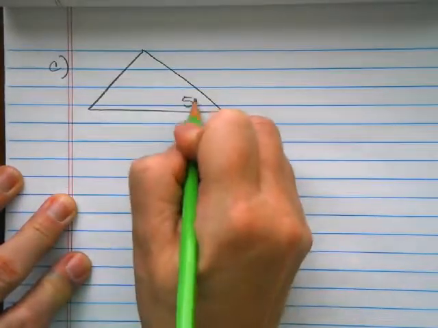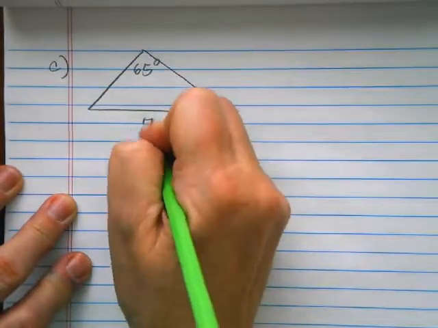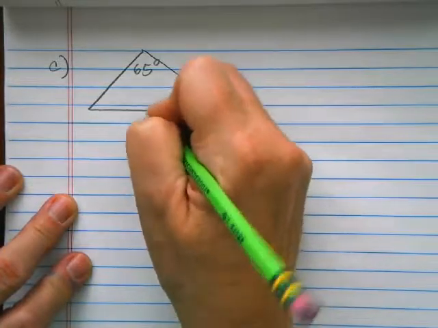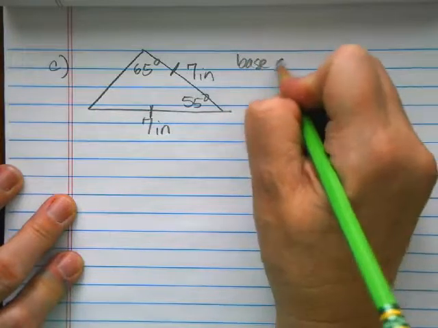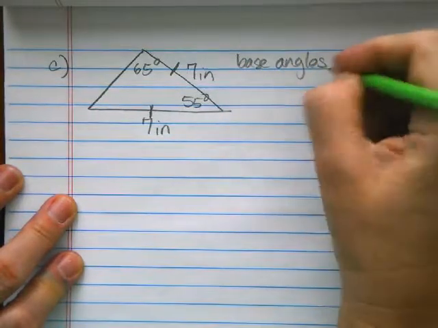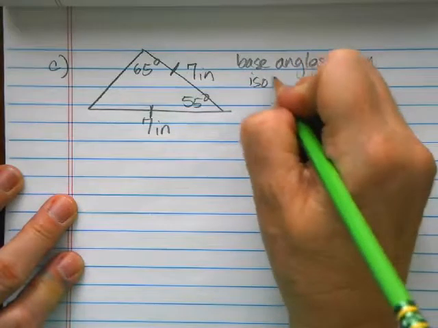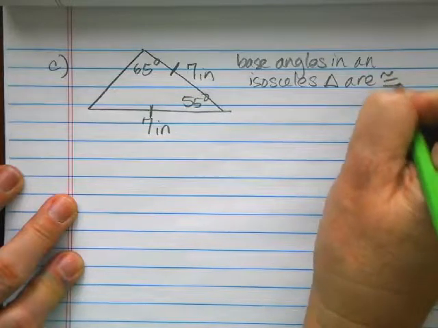All right, we have an angle of 55, an angle of 65, and a side here that's 7, and a side here that's 7. Oh, well, if these two sides are equal, that's an isosceles triangle. Base angles in an isosceles triangle are congruent.